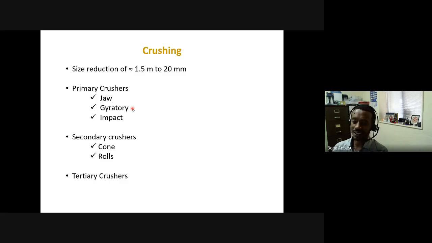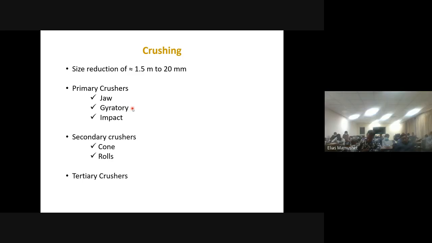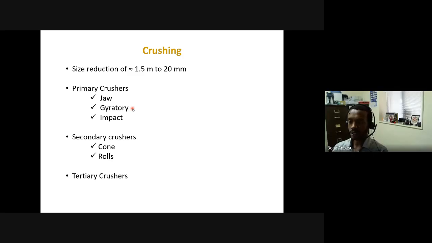So that's why we can't strictly follow the final product as a way of classifying them into different scenarios. For example, if I was to ask someone to operate a jaw crusher or a gyratory crusher, I will tell them, please set the final discharge to 100 millimeters, which means we only allow rocks of 100 millimeters or lower to pass through the discharge.